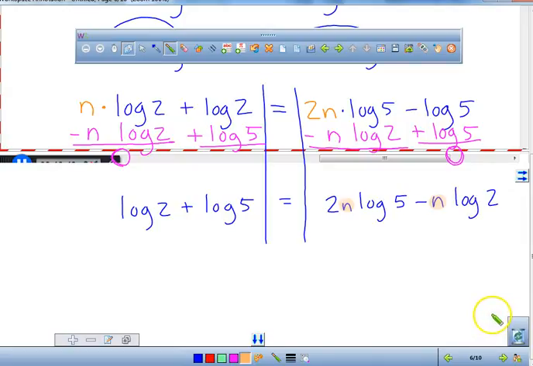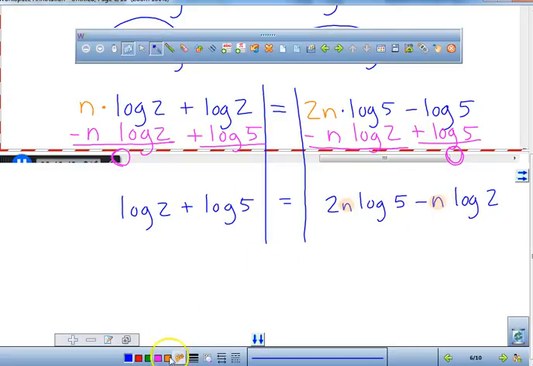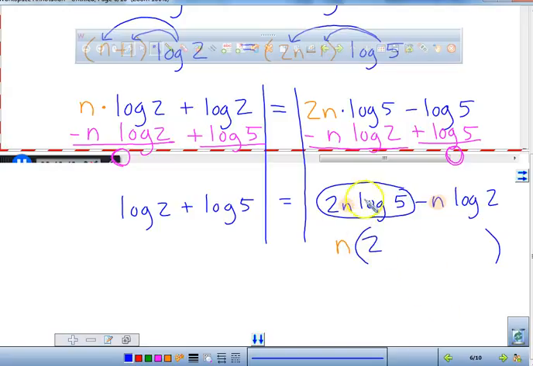So this is what you need to do. When you have an N and an N, you got to factor out the N. So here's how you factor it out. You take an N and you factor it out of this expression. So if I factor the N out of that expression, I'm only left with a 2 and a log of 5.